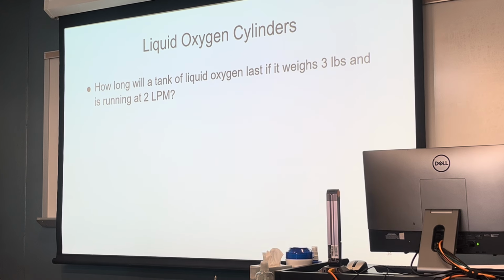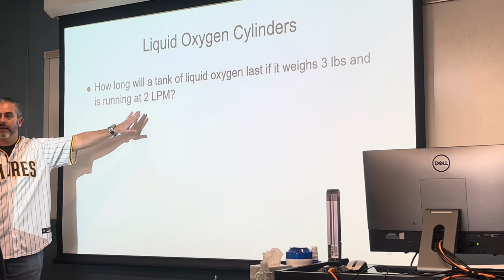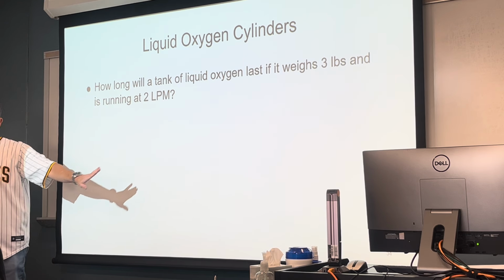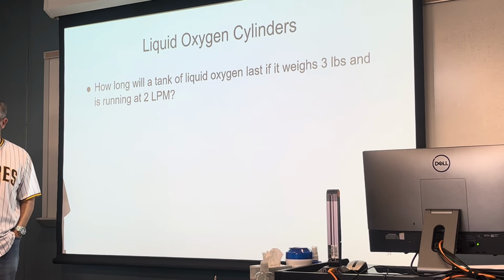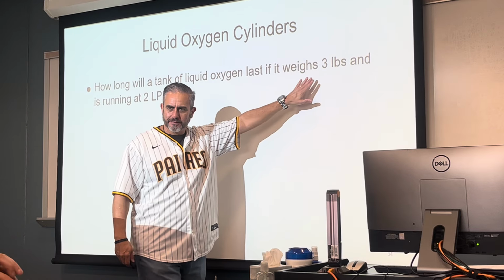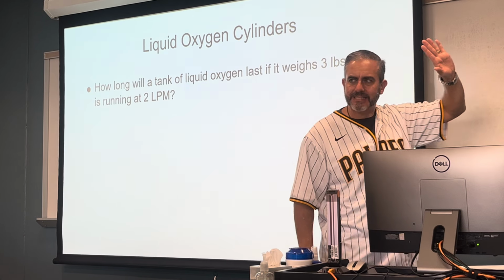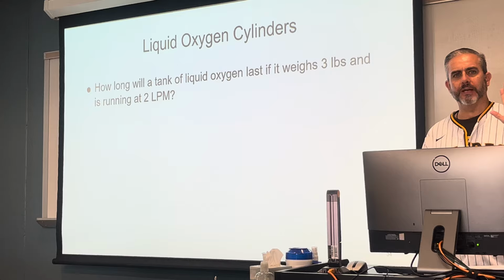Alright, so here's my question. How long will a tank of liquid oxygen last if it weighs 3 pounds and we're running it at 2 liters per minute? So what do I need to do? Take the weight, 3 times 860, divided by 2.5.